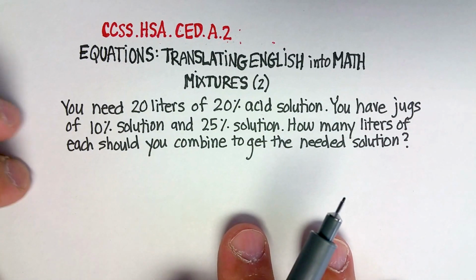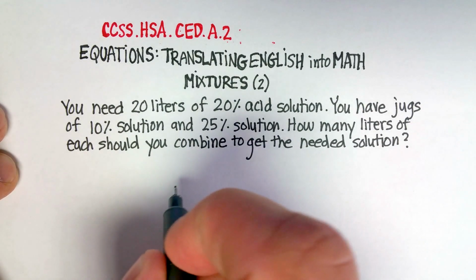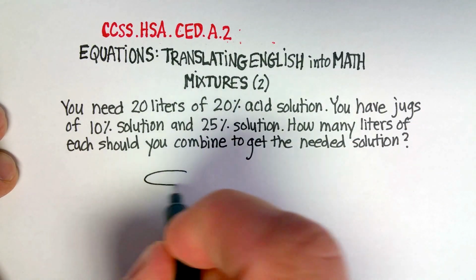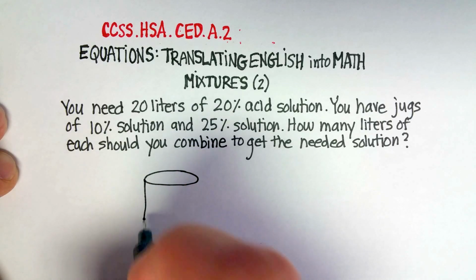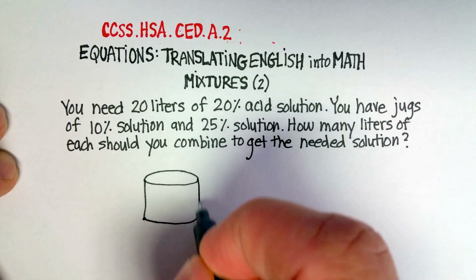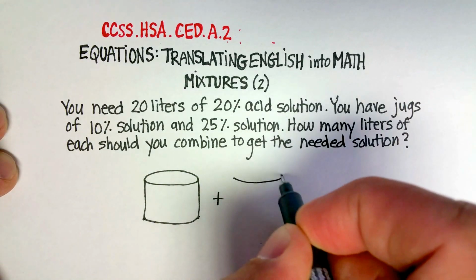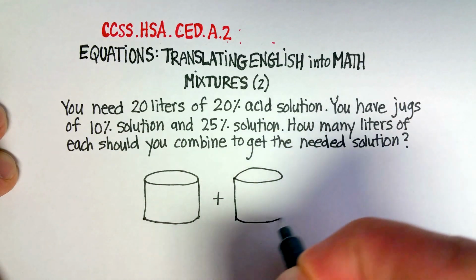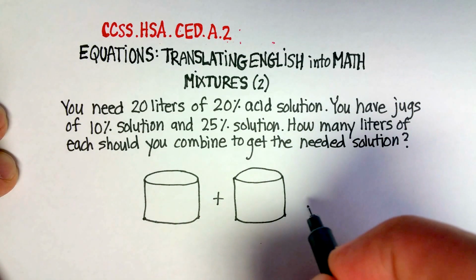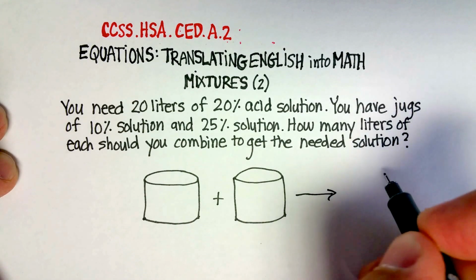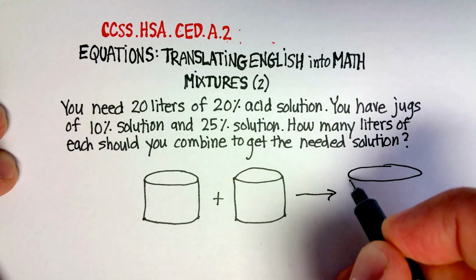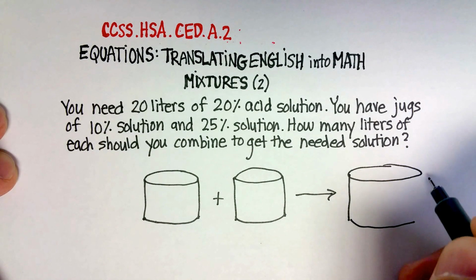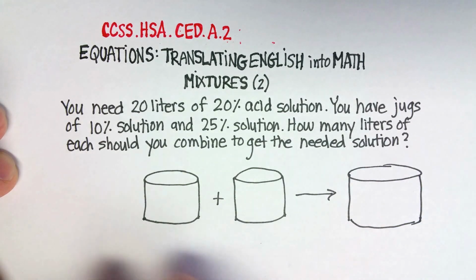Let me show you how my magic cylinders come into play here. The magic cylinders are really just a way of visualizing what you're actually doing. You're taking two containers, it doesn't have to be cylinders, and mixing them together, usually to form a larger container, but you don't have to draw it that way.